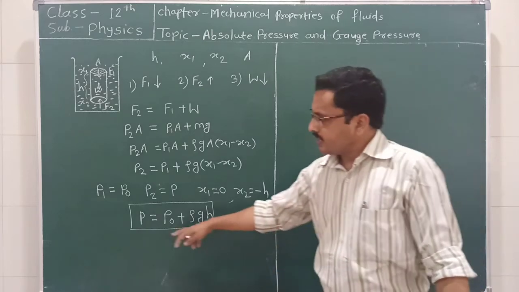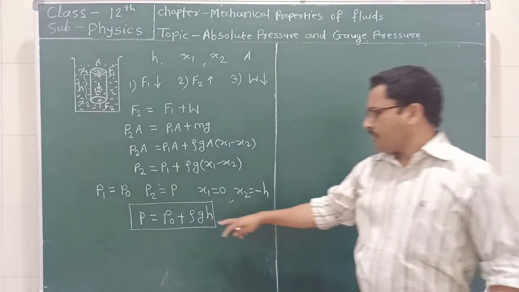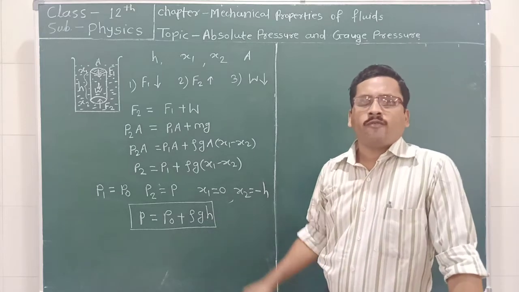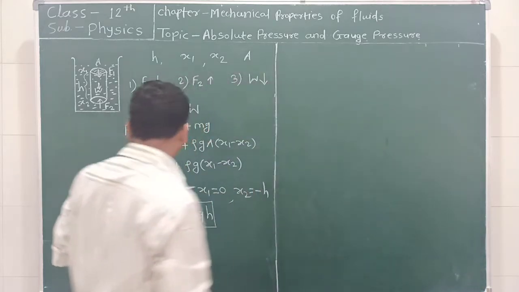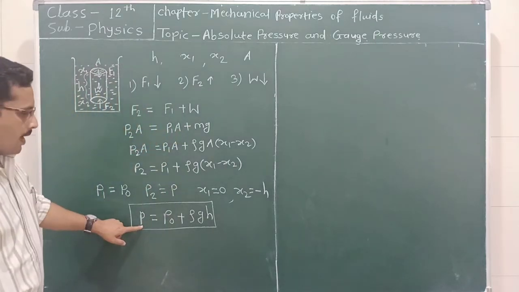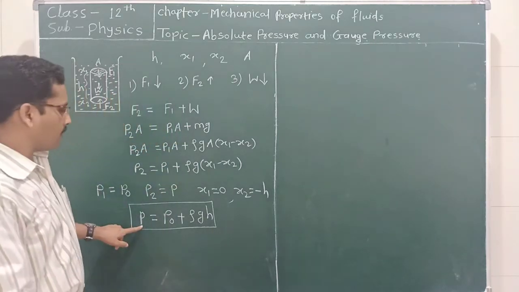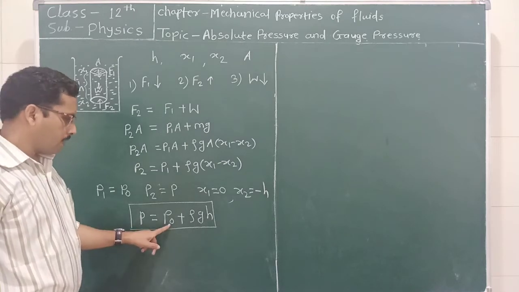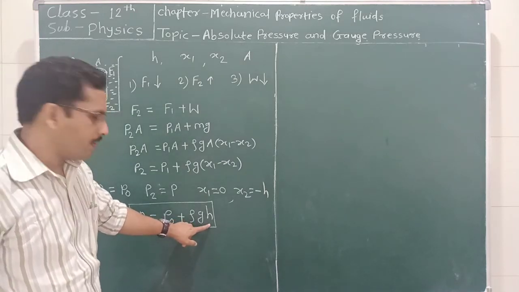So by using this equation we can determine the pressure inside the liquid at point h. This P is called the absolute pressure, which is the sum of atmospheric pressure and the pressure due to the liquid column.